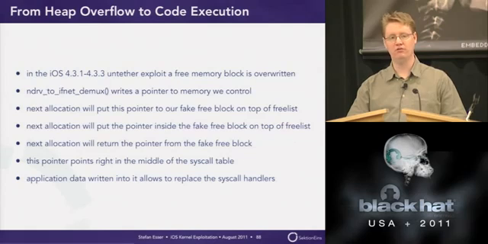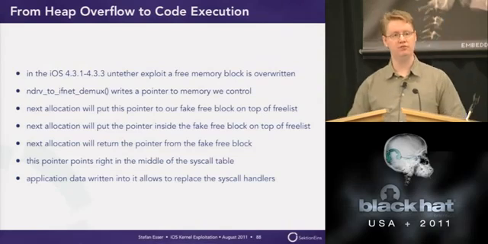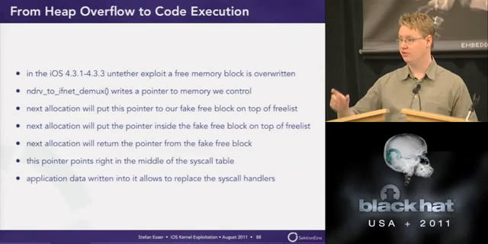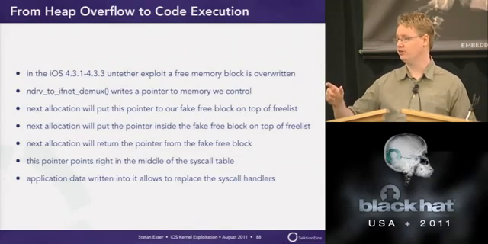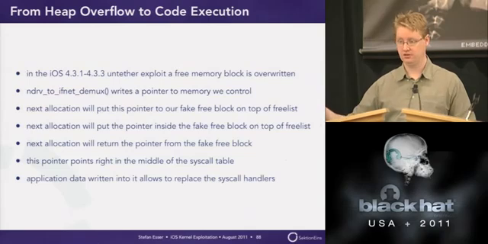We only know our overflow is writing a pointer, and it's writing a pointer to data we control. So, okay, let the overflow do that. The overflow will write into the free list pointer a pointer to our data. It will do that for us.